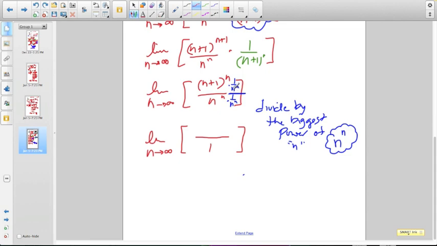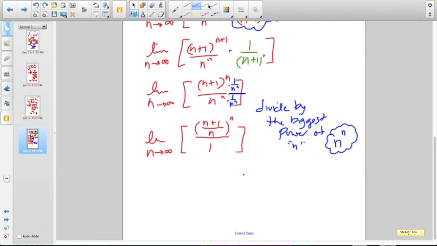So I'm going to bring this into the brackets. It's already raised to the n power, so if I bring it into the brackets, then I'm going to leave the power on the outside of the brackets. So there's my n plus 1 to the n power, there's my n to the n power.